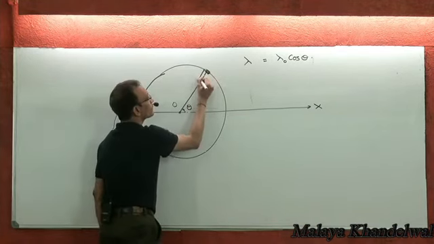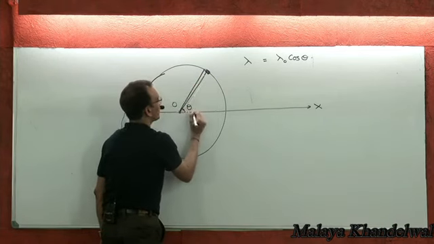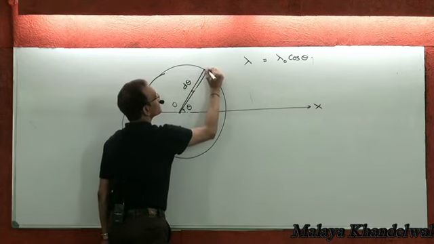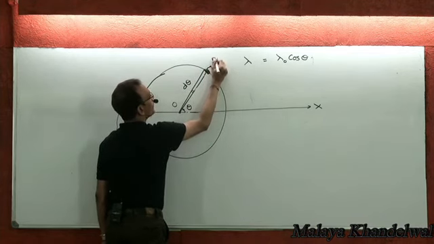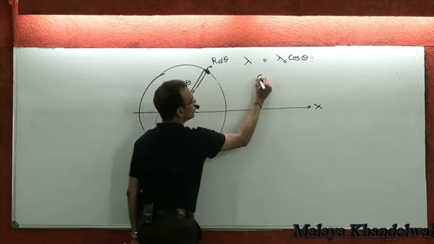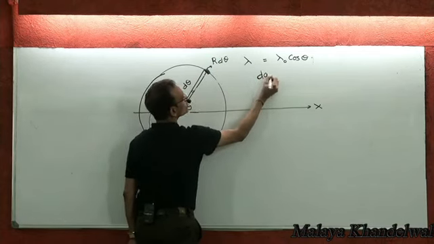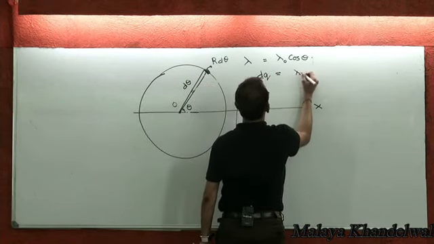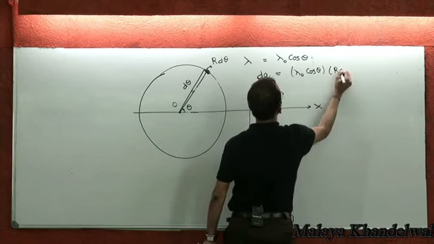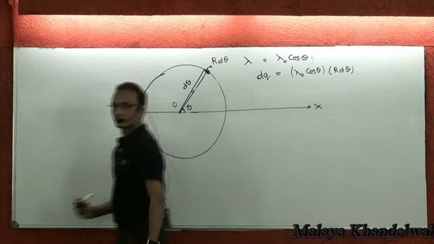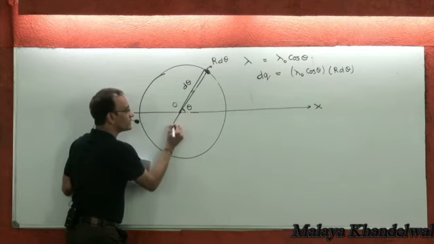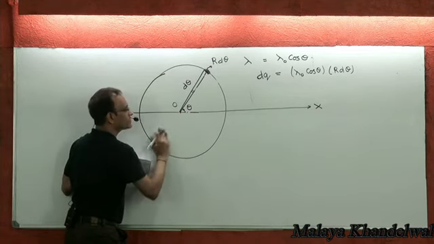I take a small element on this, which is d theta. That means this length would be r d theta. The charge on this, dq, is going to be lambda, which is lambda naught cos theta, into r d theta. That's the charge on this chosen element, right?